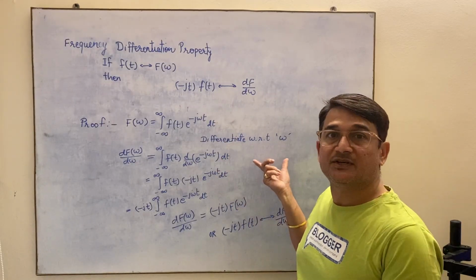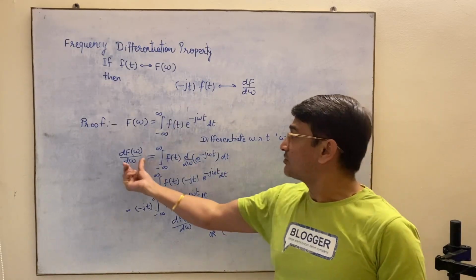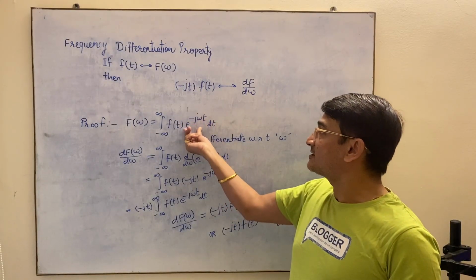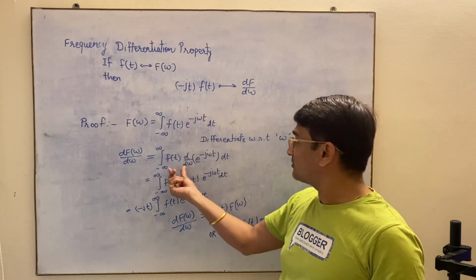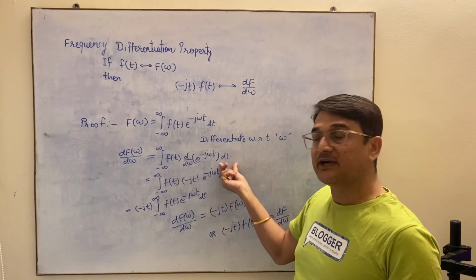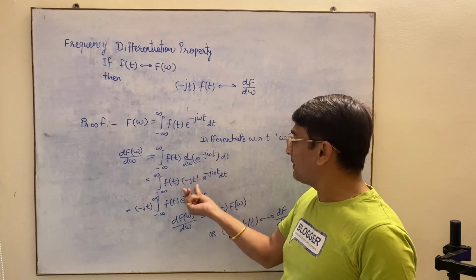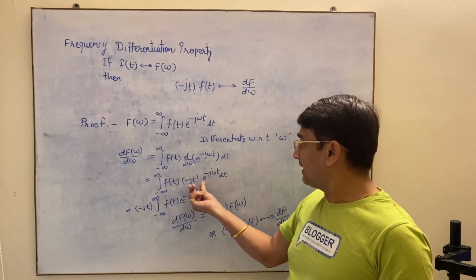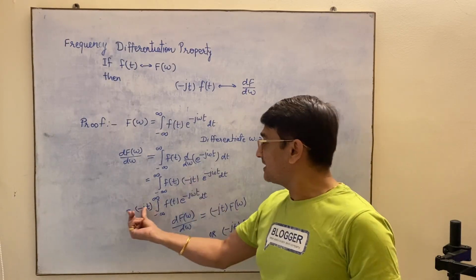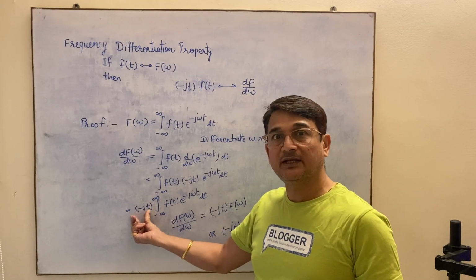Now we differentiate with respect to omega. So it becomes dF/d omega. Again in this expression only this term is differentiated with respect to omega. So I have written f(t) d/d omega of e^(-j omega t) dt. The differentiation of this will be minus jt, which comes outside, and it becomes e^(-j omega t) dt. So this minus jt I keep outside the integration.